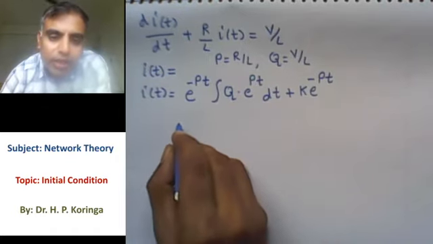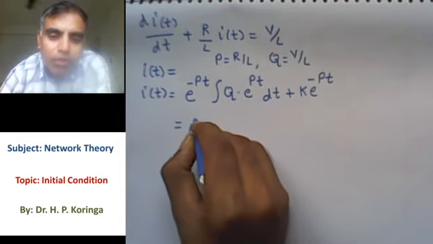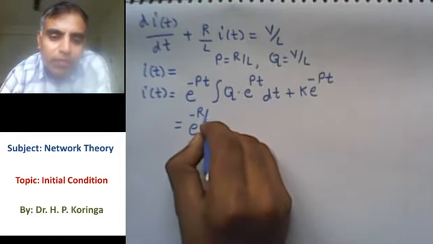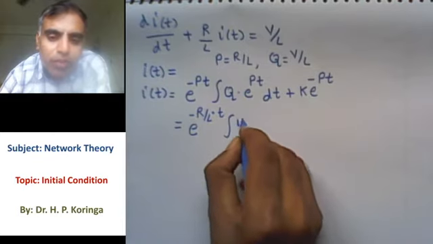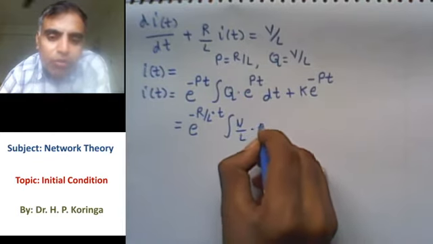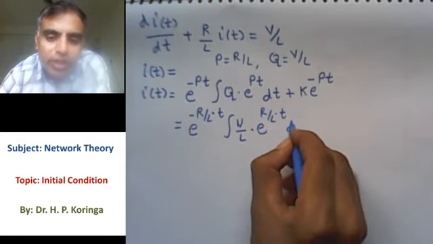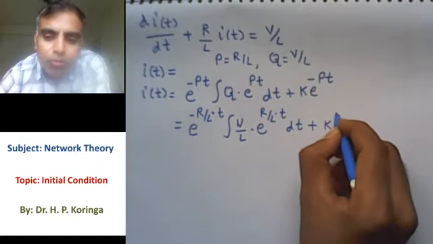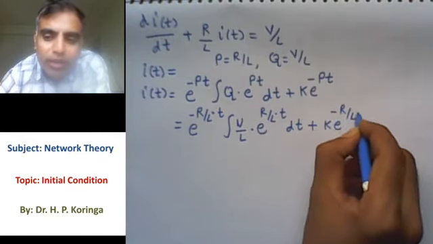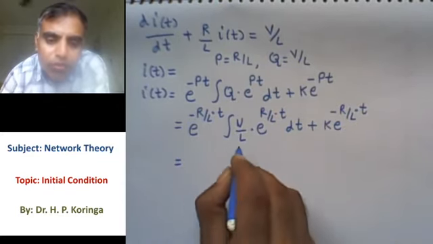You know it very well. Let's substitute the values of P and Q. So e raised to minus R upon L into t, integration of Q, which is V upon L, into e raised to R upon L into t dt, plus K e raised to minus R upon L into t, right? To solve this, let's do the integration.